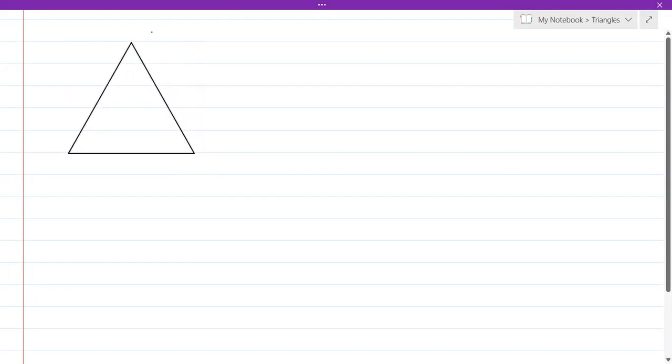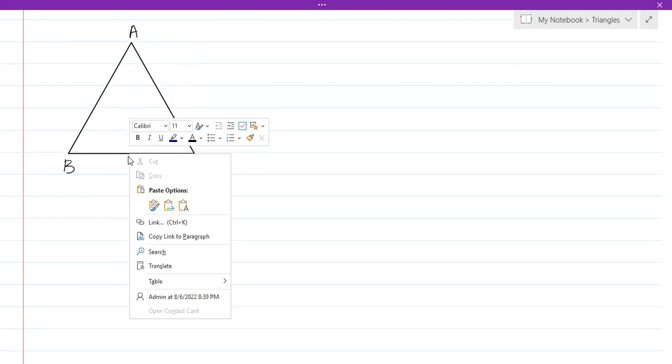The name of the triangle is A, B, and C. And D is a point such that it is a midpoint.